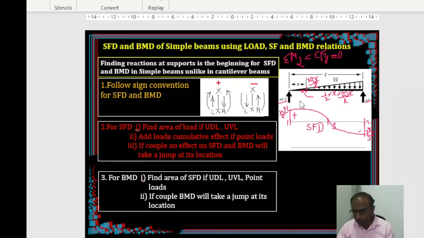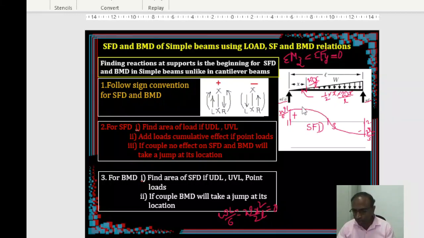Now you can equate that to WL by 6. I want to know where the total shear force becomes 0, right? So WL by 6 minus Wx square by 2L equals 0. If you solve this simple equation, you are going to get x equal to L by root 3. That's what you are going to get.